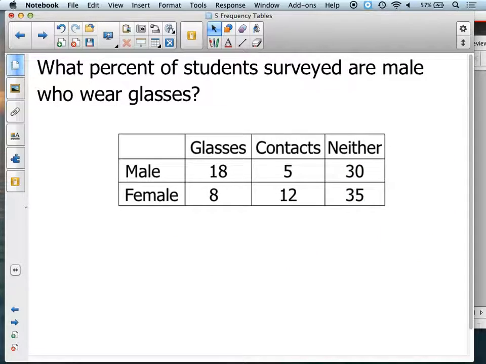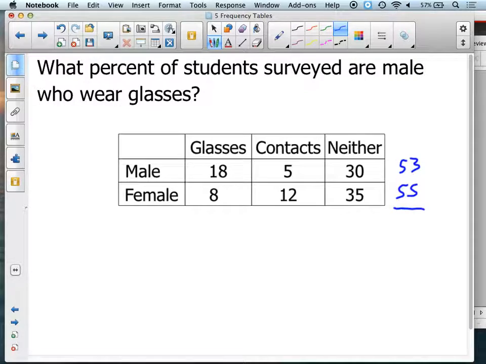Well, what percent of the students surveyed are males who wear glasses? Okay, if I remember correctly, I had some totals from before. That was 55 and 53. I might need those. So what percentage of the students that were surveyed? So we said there were 108 students surveyed. So what percentage of that 108 students are males who wear glasses? So let's see.